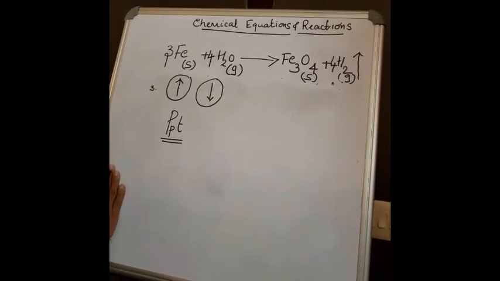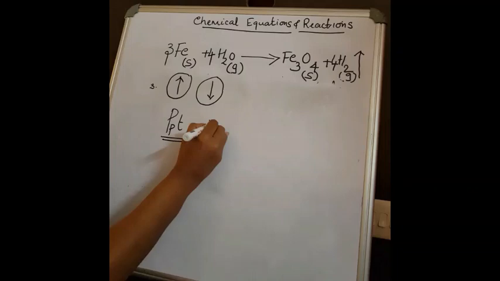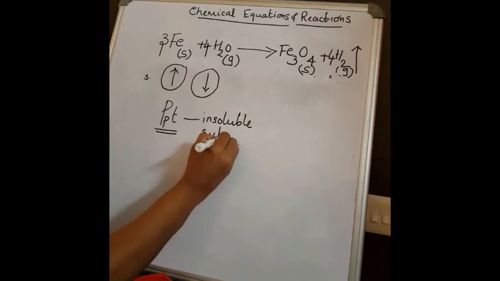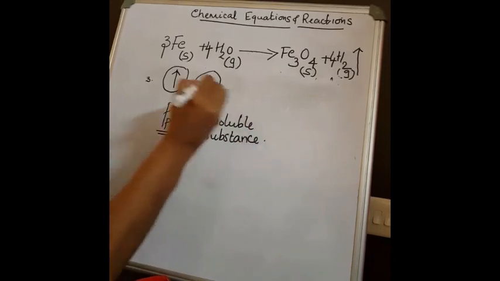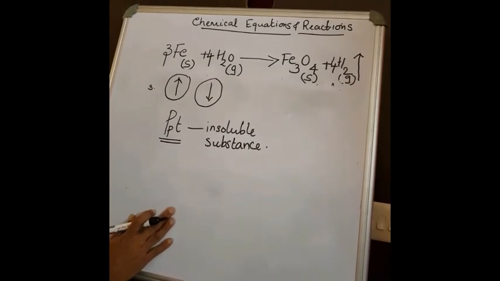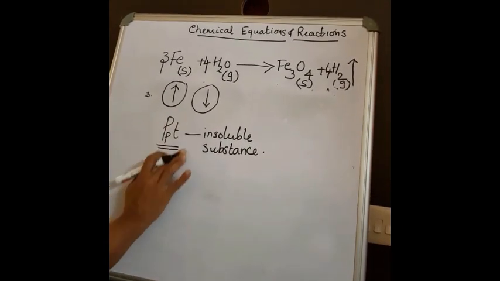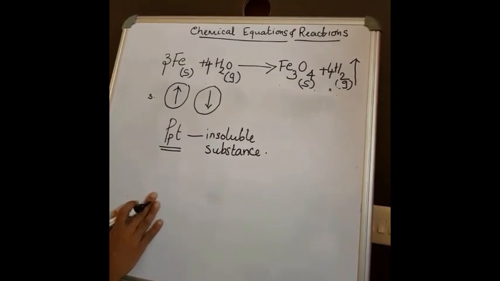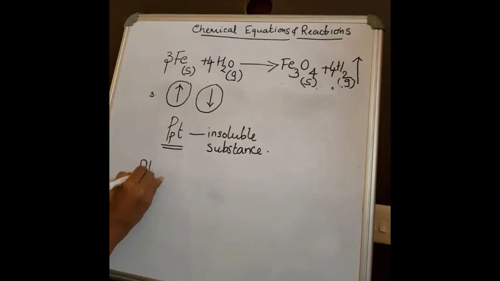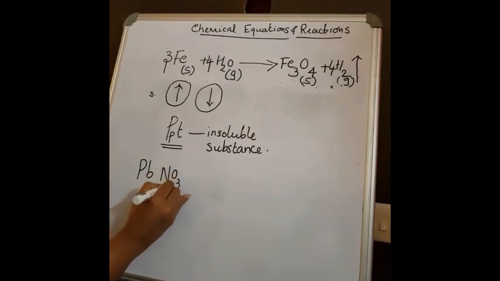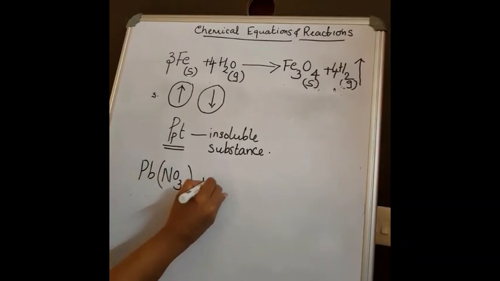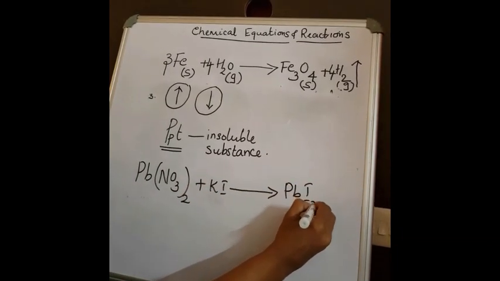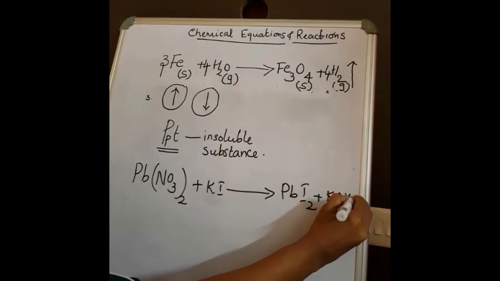Now, what is a precipitate? Precipitate is an insoluble substance. So, whenever a precipitate occurs in a reaction, then we will put a downward arrow. For example, if you see the reaction lead nitrate plus potassium iodide, you will get lead iodide plus potassium nitrate.